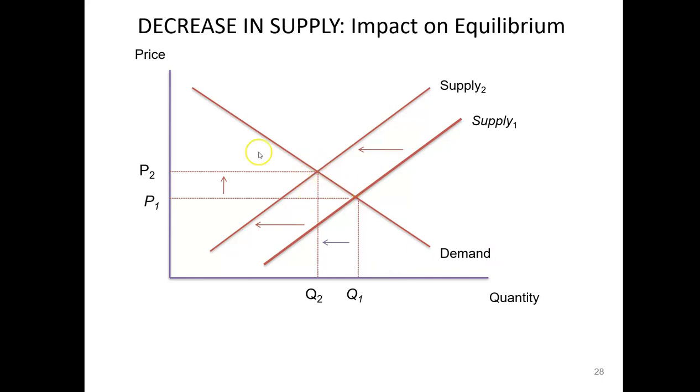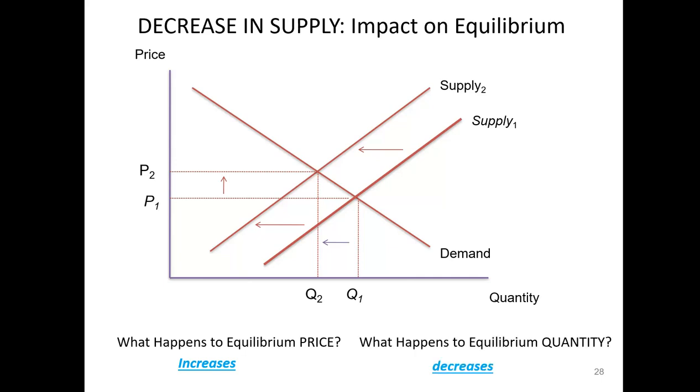Not because demand has changed, because remember, demand only changes when something other than the price that consumers care about changes. This is a change in supply. So whenever supply decreases, the new equilibrium happens from some combination of equilibrium price increasing and equilibrium quantity decreasing.